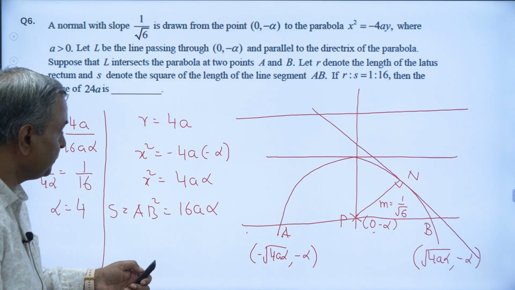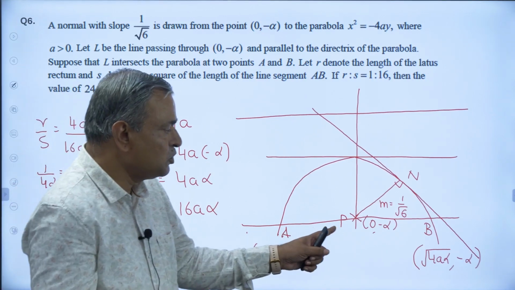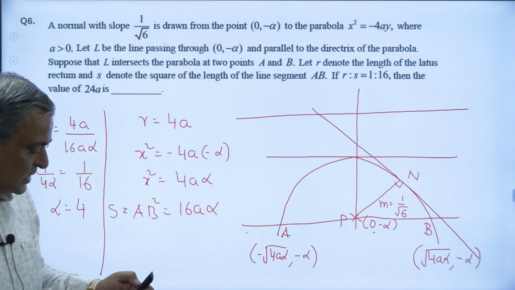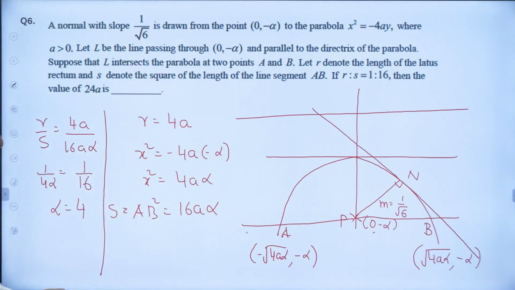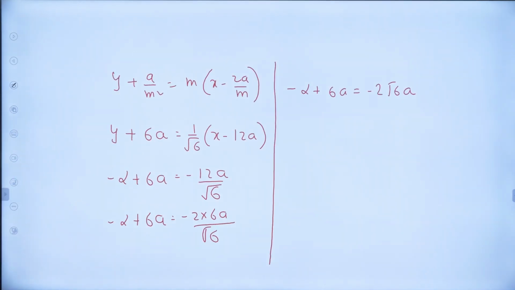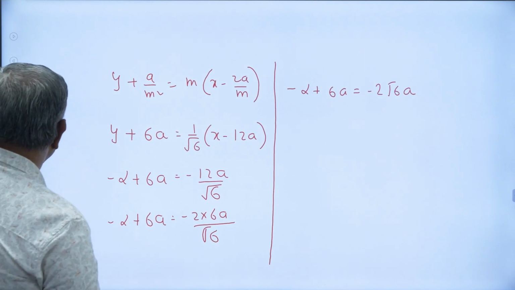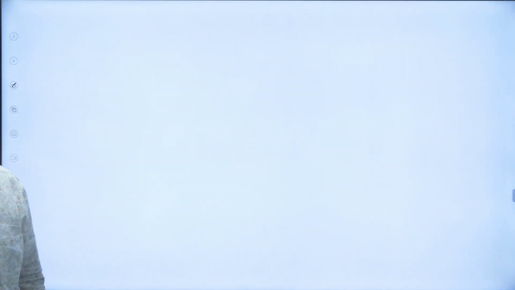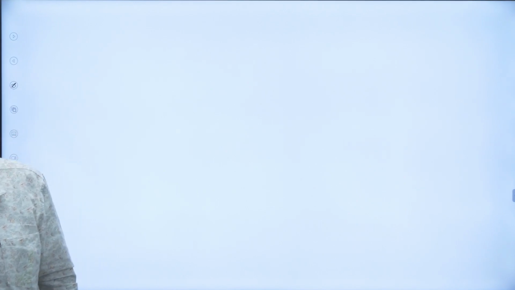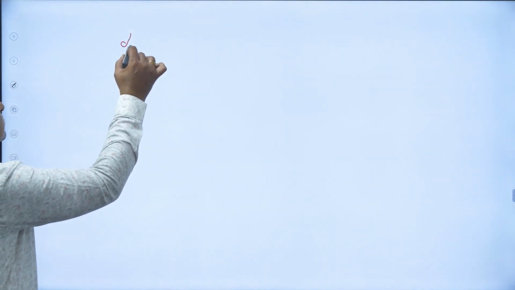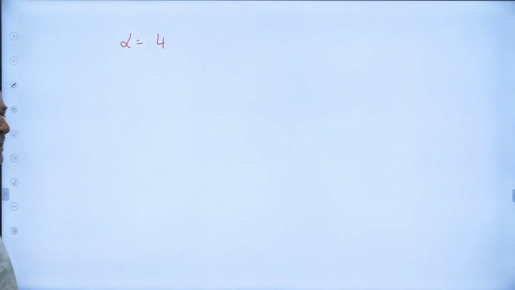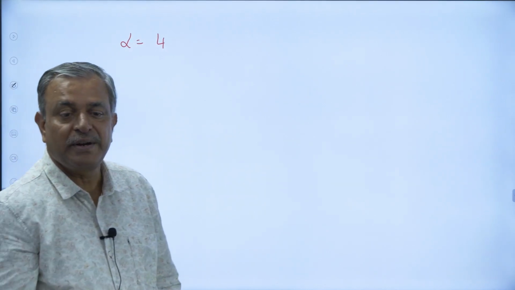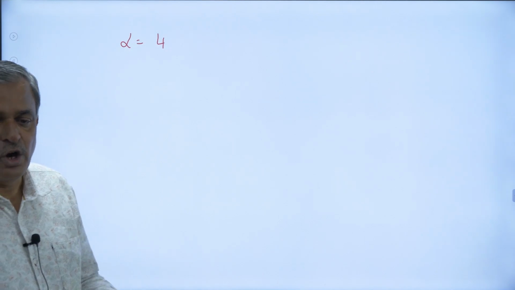Now, further information, we have not used, the tangent line equation and all. Let us find the tangent and normal equation. So what we got now? Alpha value is equal to 4. Sometimes you won't remember the tangent equation and normal equation.